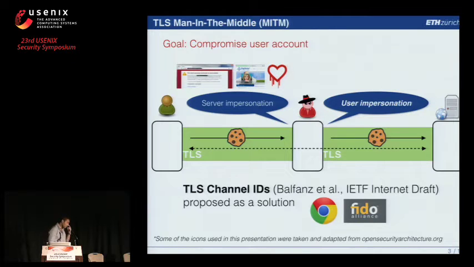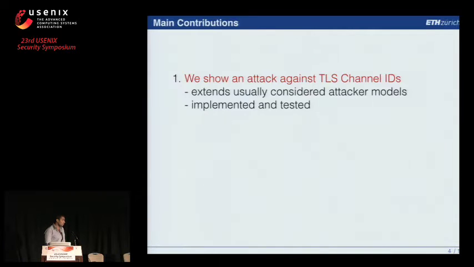The FIDO Alliance is a non-profit organization whose members are a lot of high-profile companies like Google, Microsoft, Visa, MasterCard, PayPal, etc. Its goal is essentially to bring new web client authentication protocols to the world. The specifications published by this alliance also support channel IDs as a solution to resist man-in-the-middle attacks.